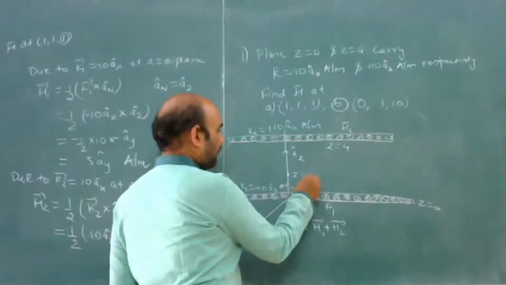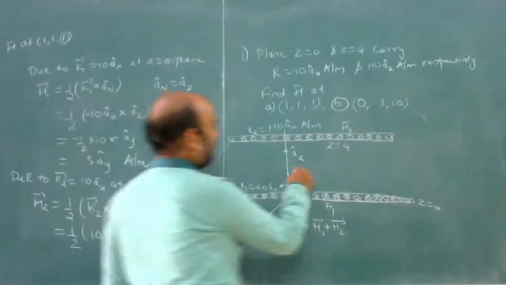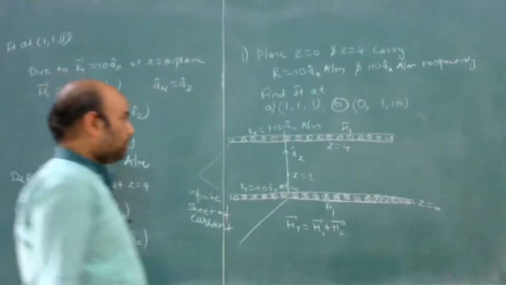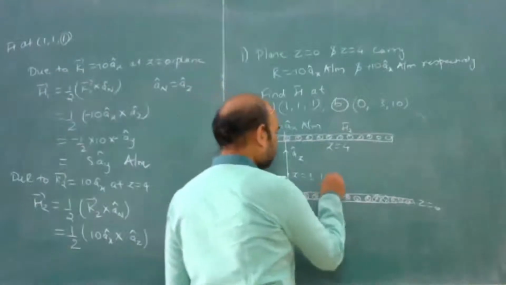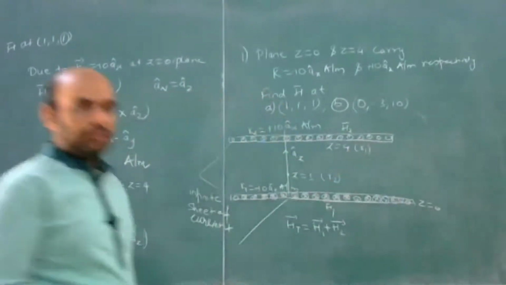We have to find H at z is equal to 1, and the sheet is kept at z is equal to 4. So this is R2 and this is R1.